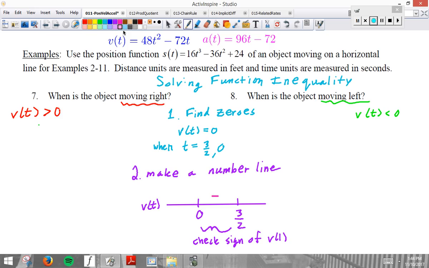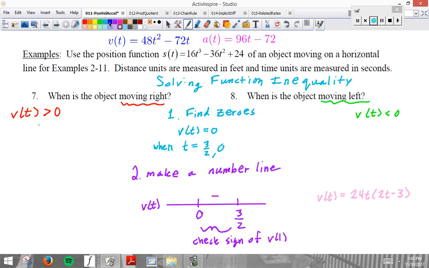You could look at the factored version. So the factored version of v is v of t equals 24t times (2t minus 3) times (2t minus 3). Plugging in 1 here gives me something positive. Plugging in 1 here gives me something negative. A positive times a negative is a negative. Easy.